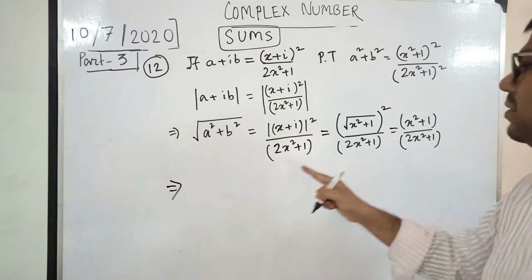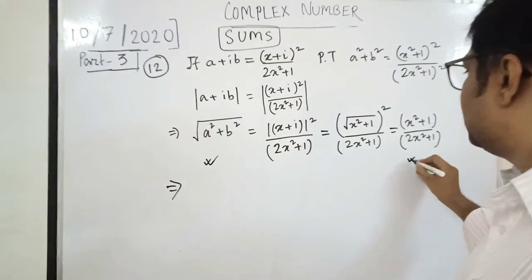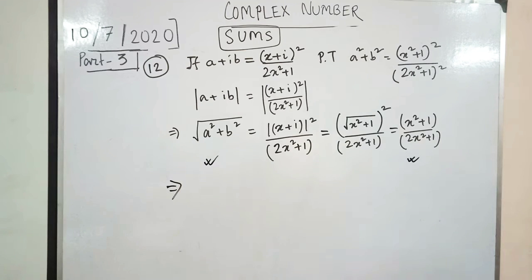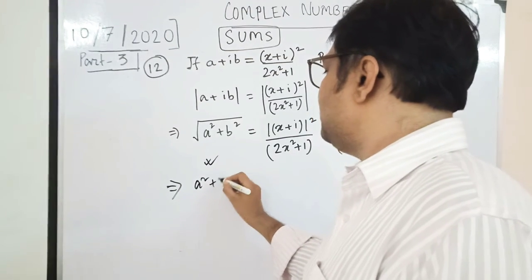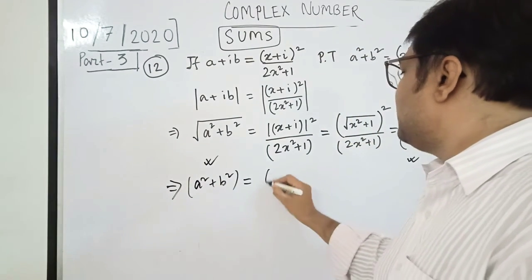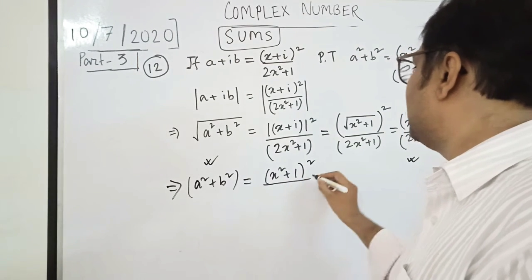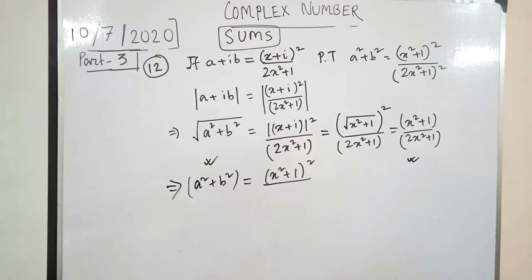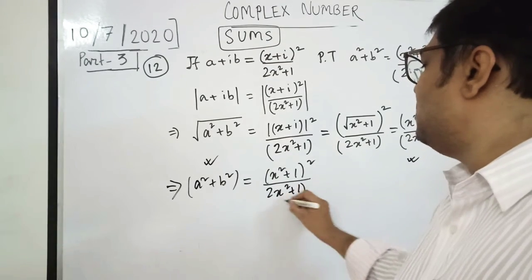Now I will square both the sides. Squaring both the sides, I get a square plus b square equals x square plus 1 whole square, and below it 2x square plus 1 whole square.